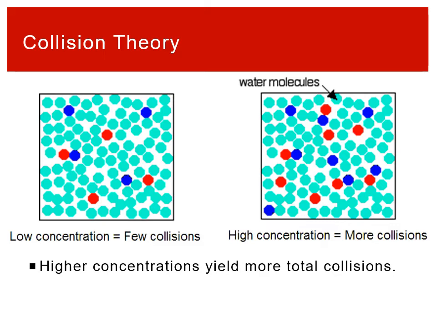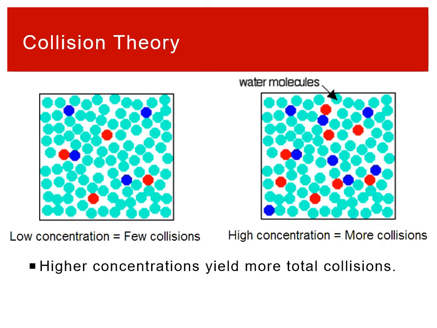At a low concentration, there's not really a lot of other things around, and so they don't really collide that frequently. If you increase the concentration, you are increasing the number of reactant molecules per volume. That means the molecules are all closer together on an average sense, and they will therefore collide more frequently.